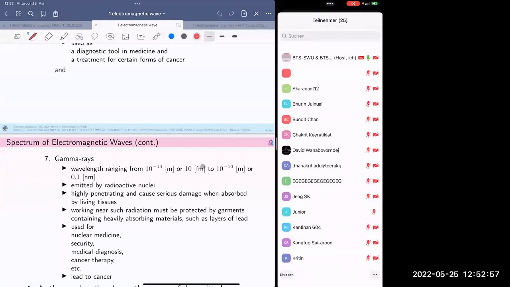This one is called femtometer or Fermi. And after that, the maximum length of the wavelength is 10 to -10, or 0.1 nanometer, which is very, very small, less than the visible light. As I mentioned, the gamma rays are emitted by radioactive nuclei.